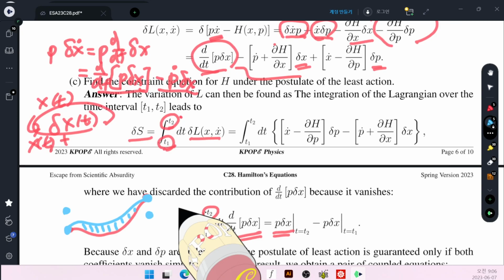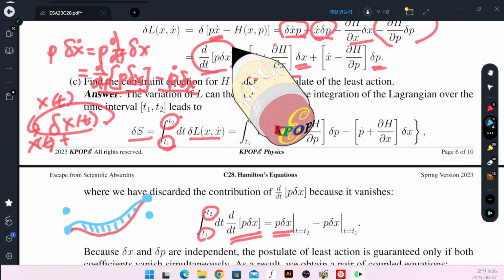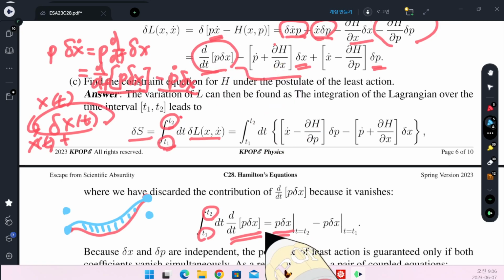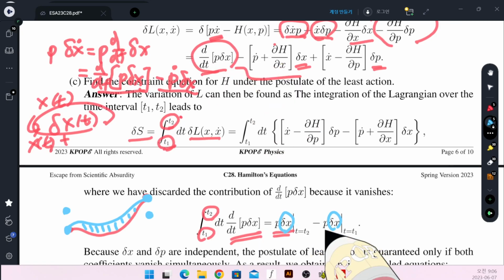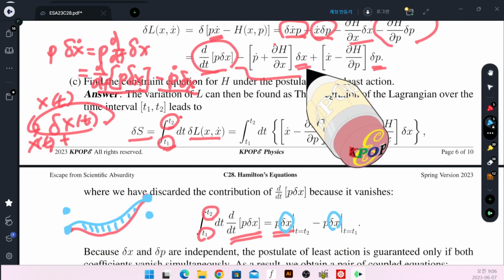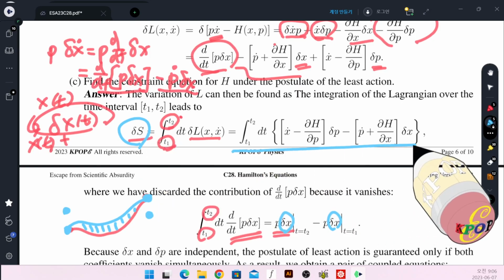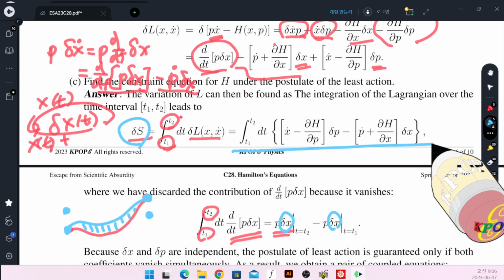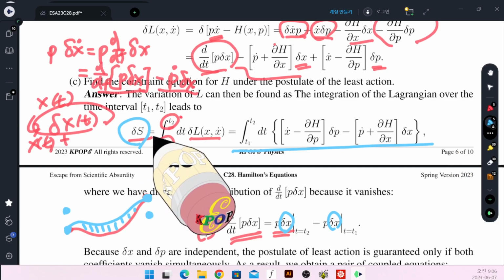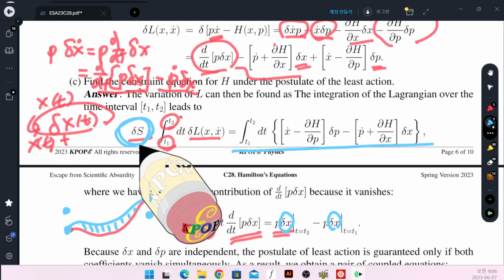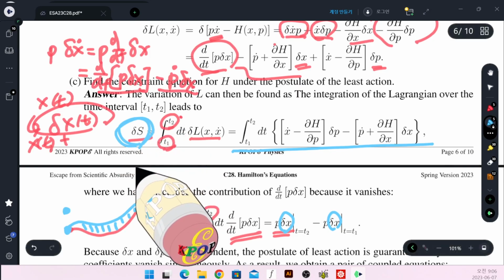As a result, this first term does not contribute at all because the variation of position at endpoints is not allowed. Therefore, what we find is that the variation of the action is the following integral. We again require that the action should be stationary along a physical path.